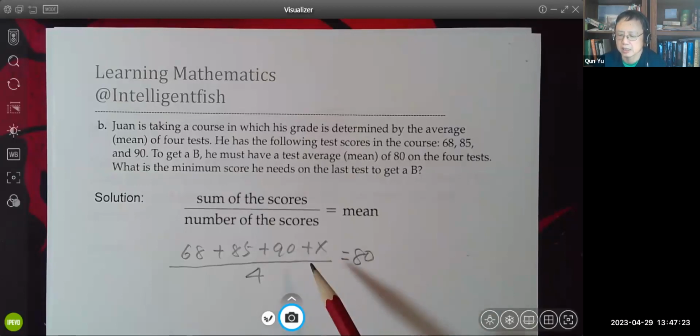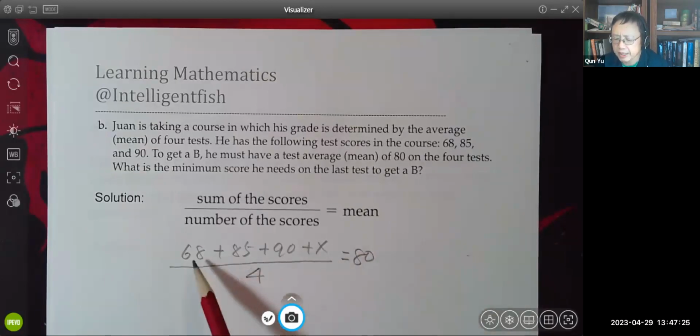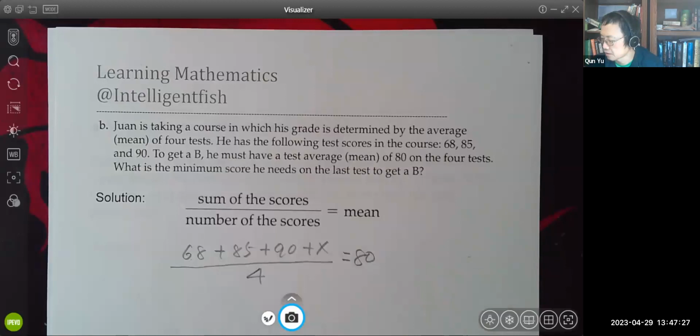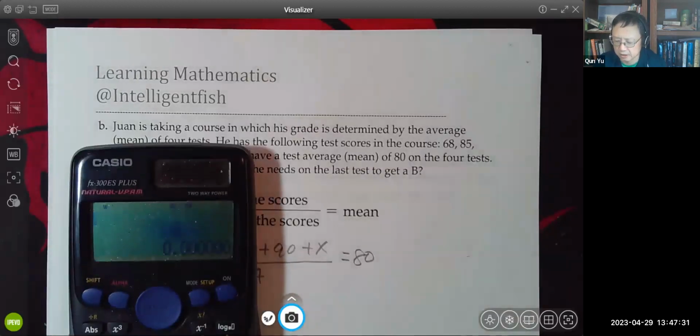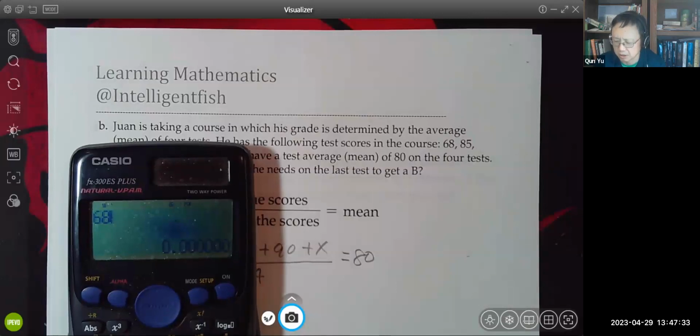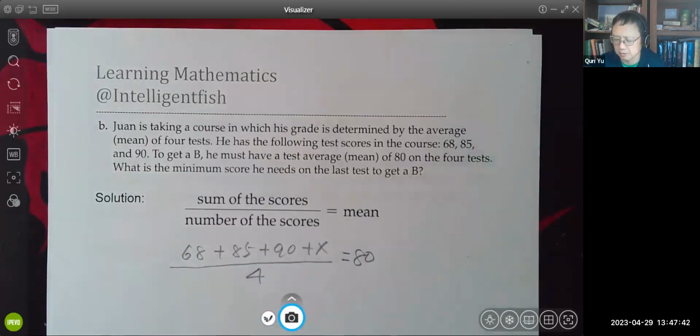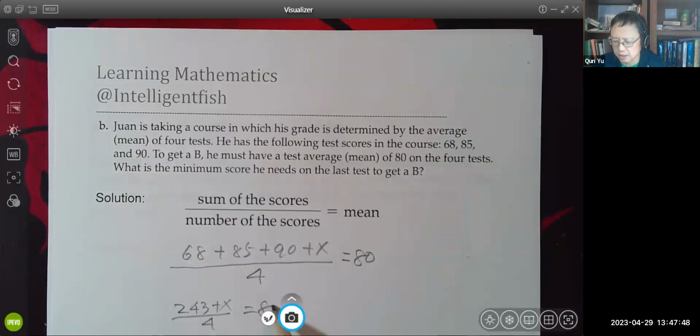So you can see we can add the 3 numbers together first. Let's do that using the calculator. So we get 68 plus 85 plus 90, right? 3 numbers. So 243. So basically we have (243 plus X) over 4 equals 80.